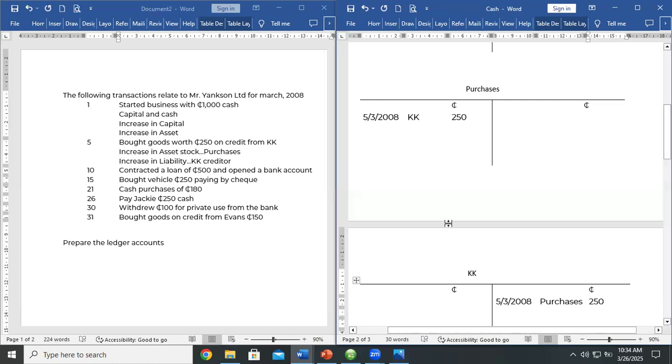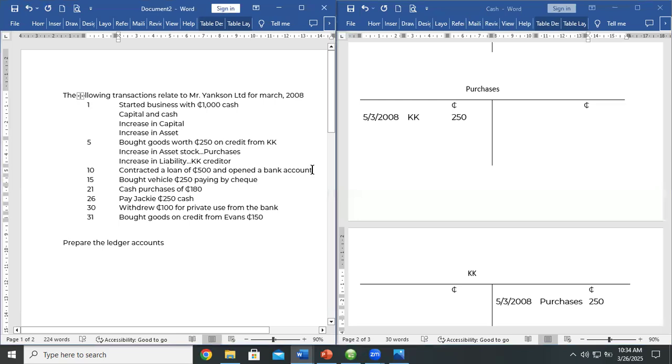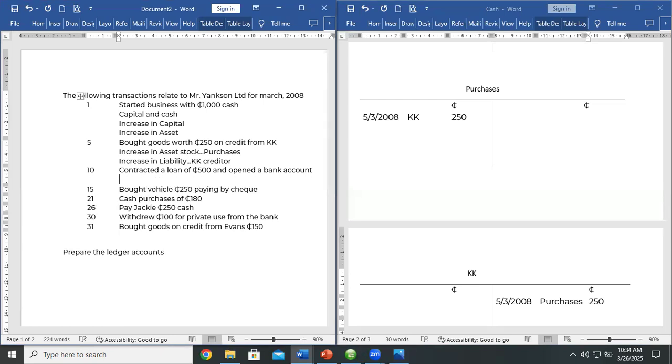Bank account and cash account. I will accept the bank account, but I disagree with the cash account. Okay, say capital. Again, I'm disagreeing with capital.